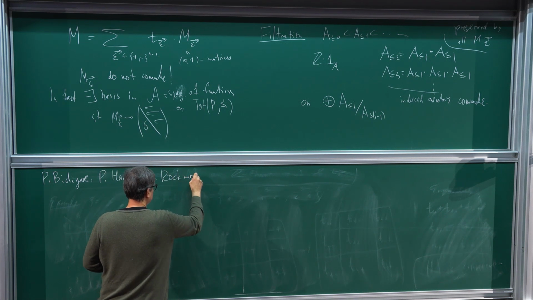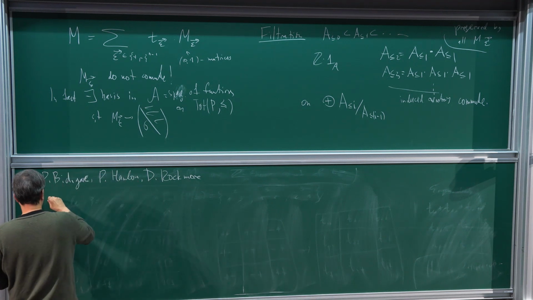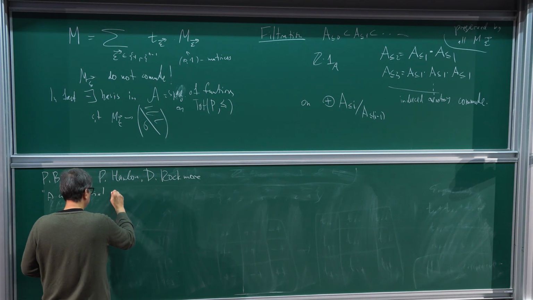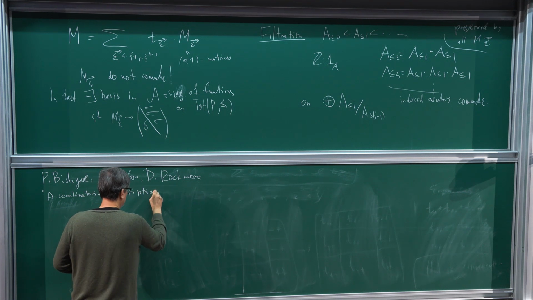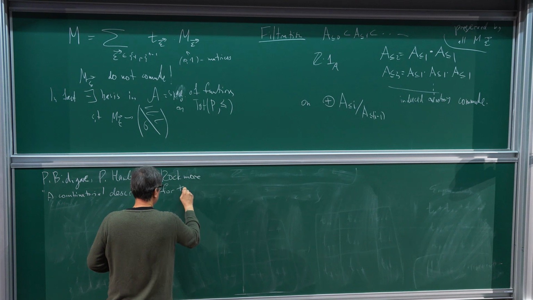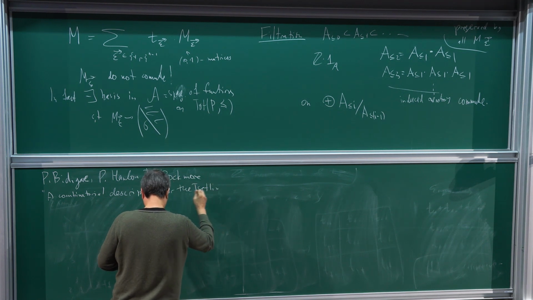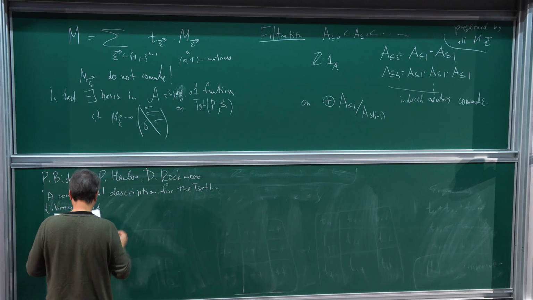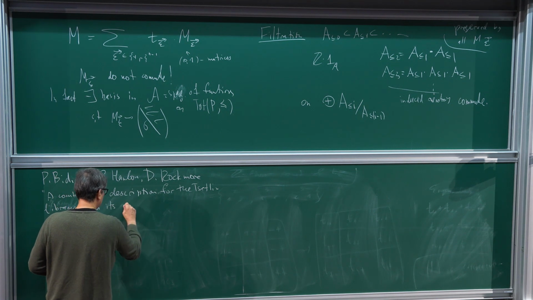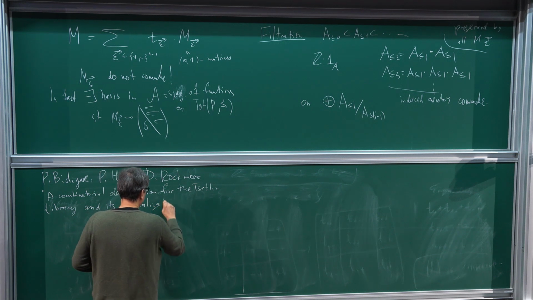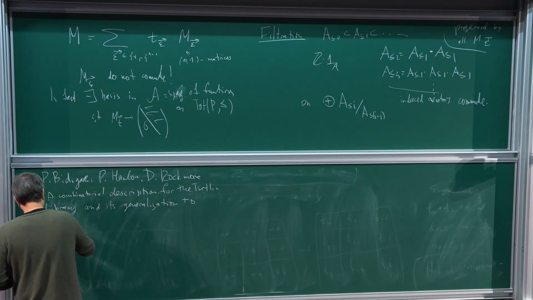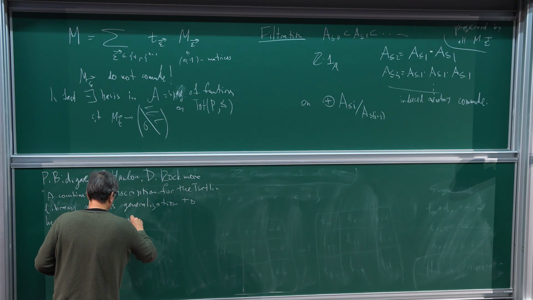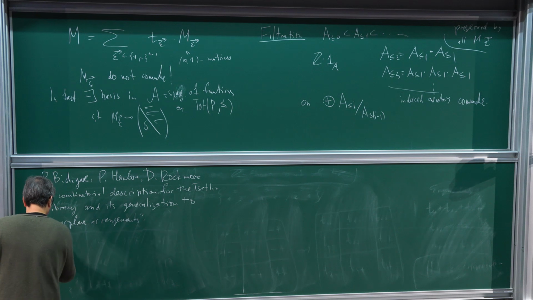This second reference is called something like a combinatorial description, and it's also by many authors, also a long name, and it's a generalization to hyperplane arrangements. So, Duke.